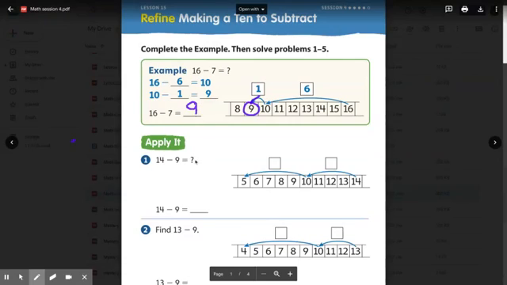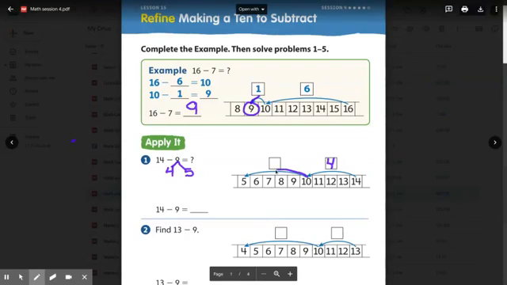All right, our very first one on our own, 14 minus 9 equals. They started with 14. They jumped down to 10. They counted that that was 4 places. And then they knew from the number bond that they still had 5 more jumps to make.